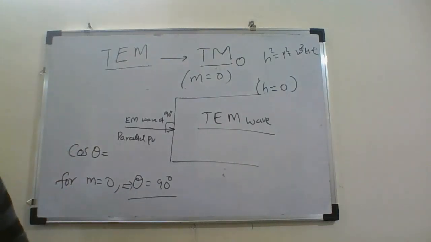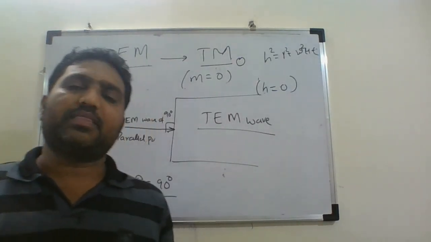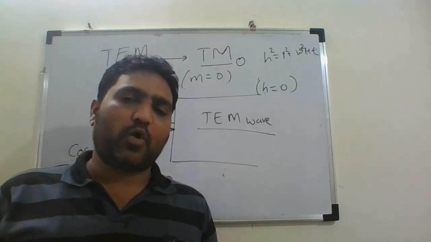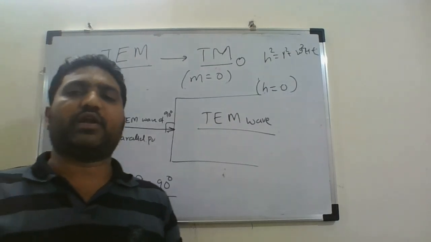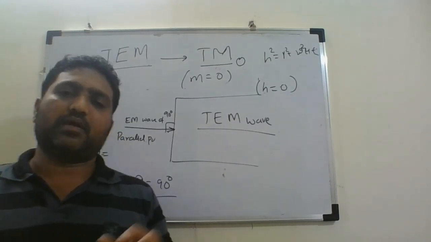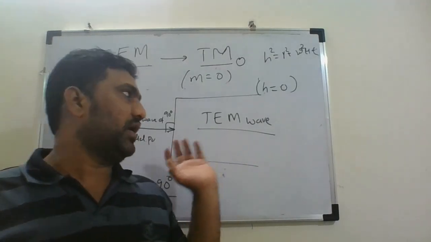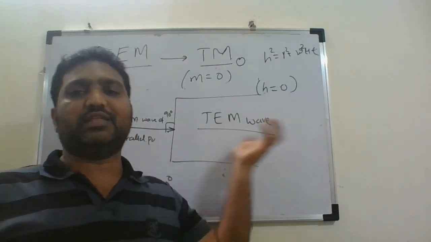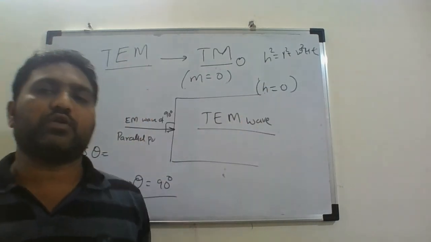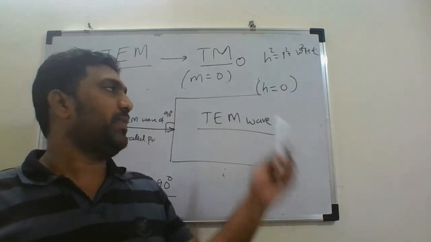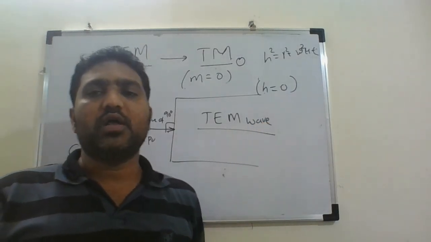If the value of h is not equal to 0, then the waveguide will not propagate this TEM wave. Even though the mode is generated inside, it does not get propagated whenever h is not equal to 0.